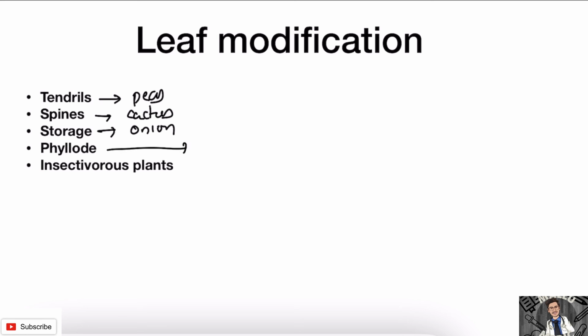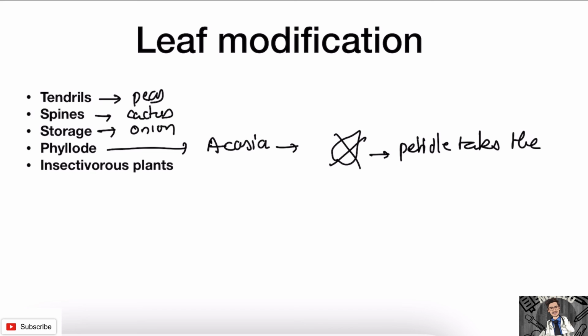Then what about phyllodes? Phyllodes is a type of modification of leaf seen in acacia plant. These live in very dry habitats, so they have to prevent transpiration, so the leaf lamina is reduced and the petiole takes over the function of photosynthesis.